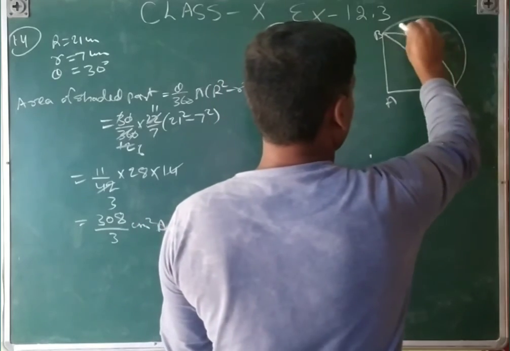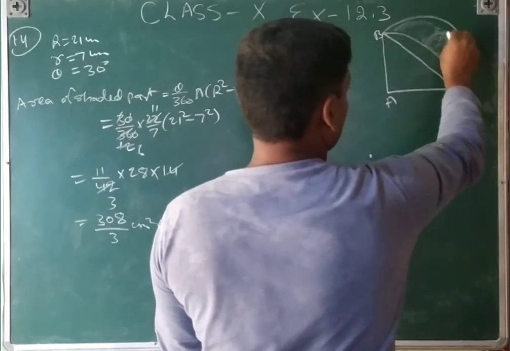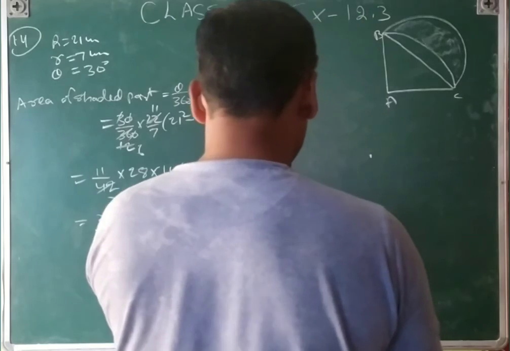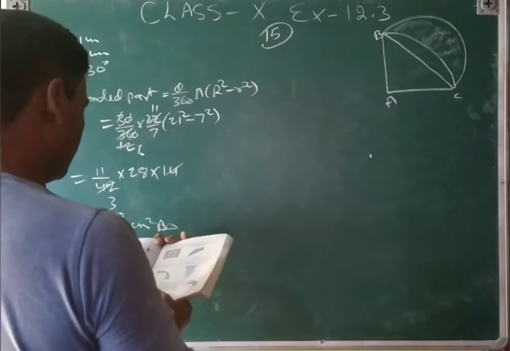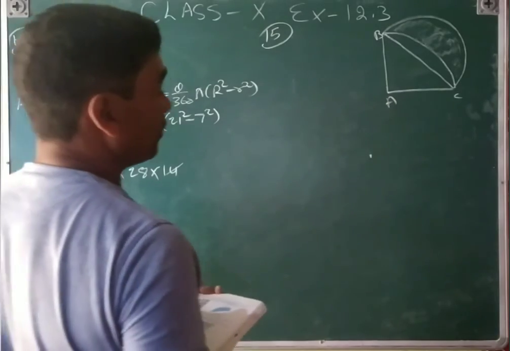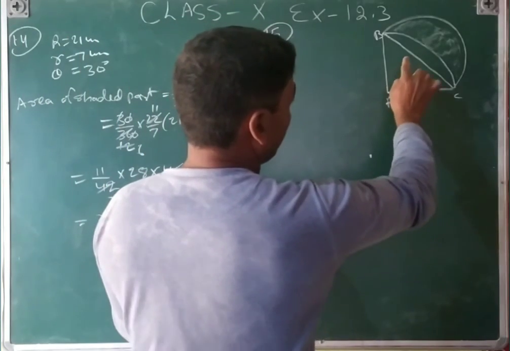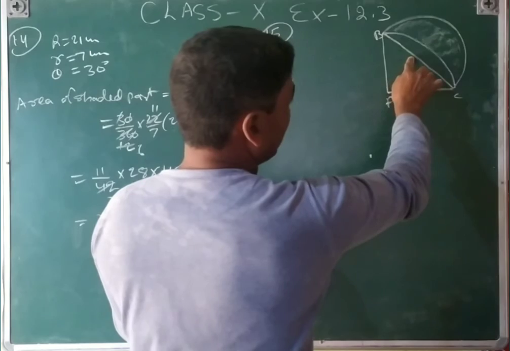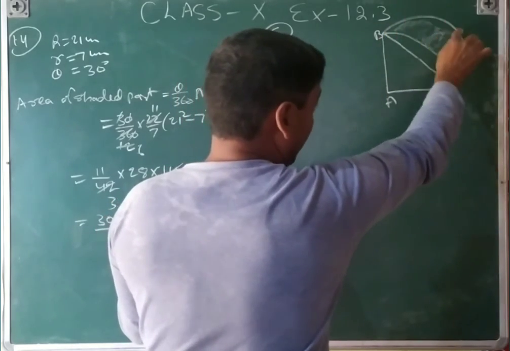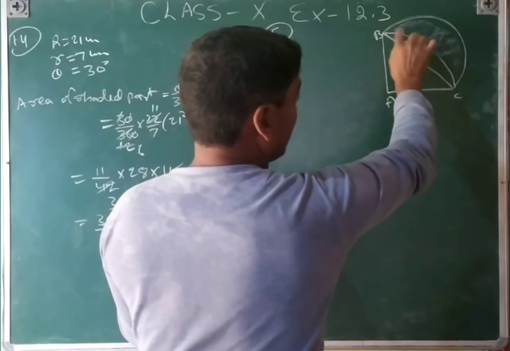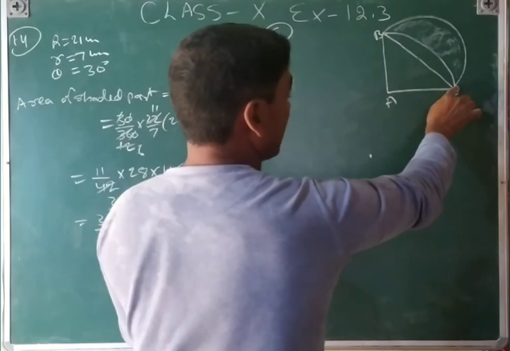We need to find the area of this part. First of all, we will find the radius of this semicircle. So area of semicircle minus area of the segment.